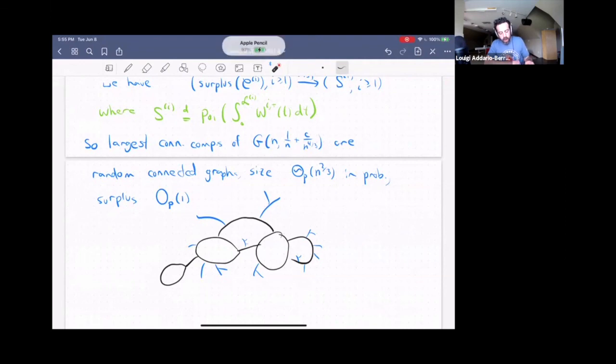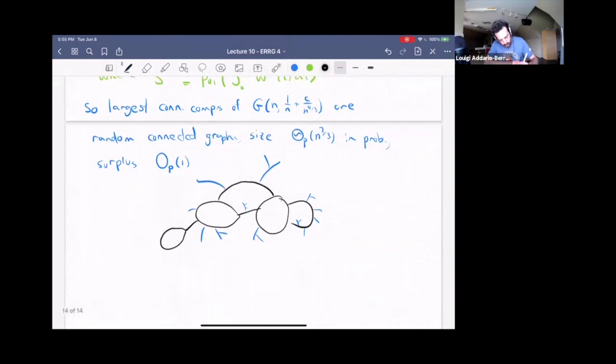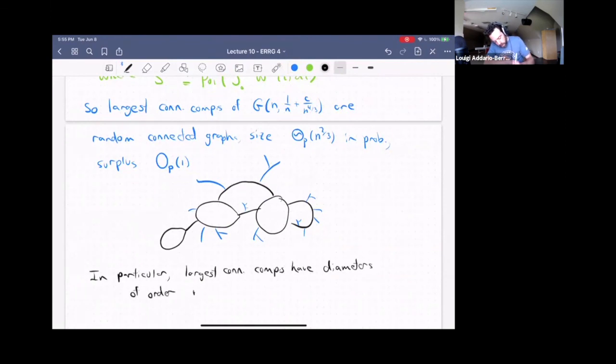Right. So in particular, this tells us the largest connected components will have diameter of order n to the 1/3.